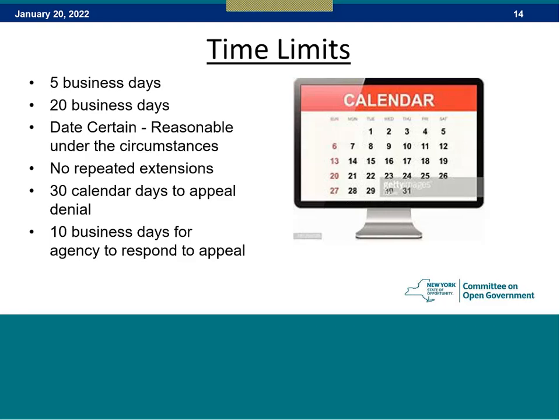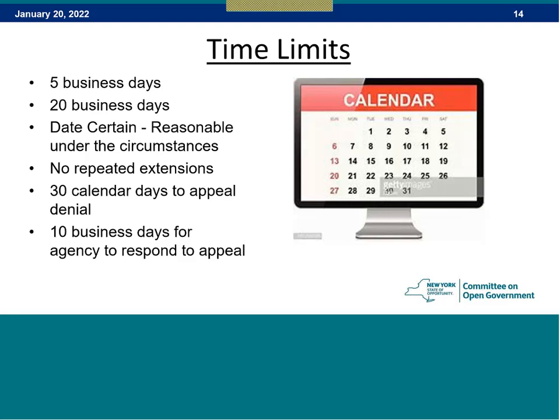The agency can either do this right off the bat at the time of the acknowledgement, or they can indicate at the time of the acknowledgement that they plan to respond within 20 business days, and then if they realize that they can't, prior to the expiration of the 20 business days, they can send out one more letter stating that they need more time, and at that point they would give the date certain by which they plan to respond.